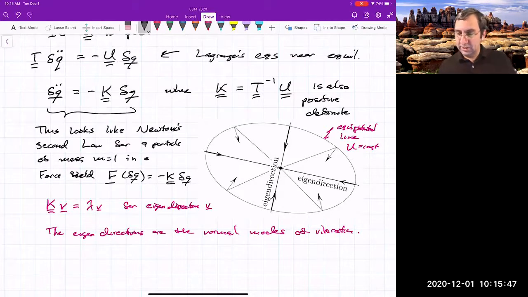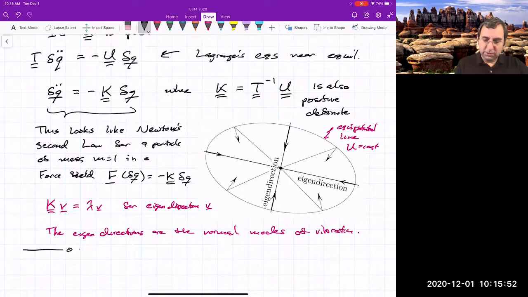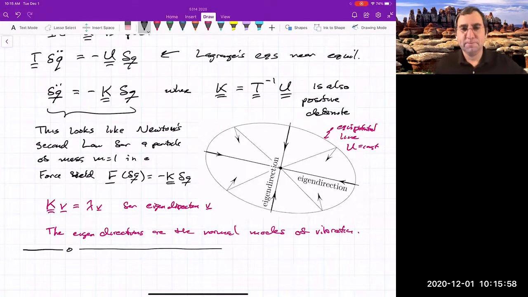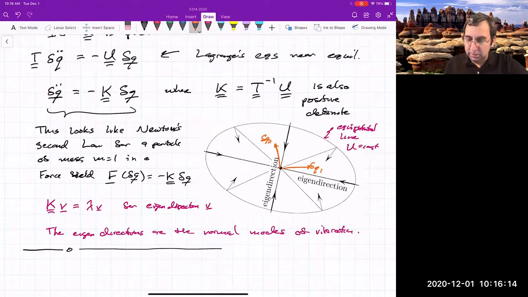Okay. I guess I should say something about these normal modes, because we don't have to stick with the original delta Q directions. We could actually use the normal modes as the new directions describing our system, right? Why be stuck with things like if this was delta Q1, and this is delta Q2, that's supposed to be exactly vertical and exactly horizontal.